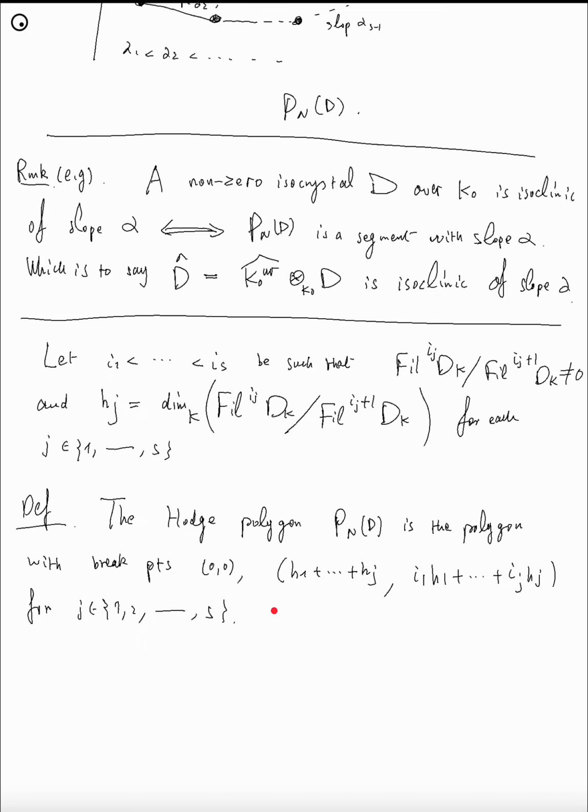As a result, the endpoint of this P_H of D is thus all the dimensions added together, which gives you the dimension of D, which is again h, and by the alternative equivalent formula, this breaking jumping index times the dimension of the graded piece gives you the Hodge number.